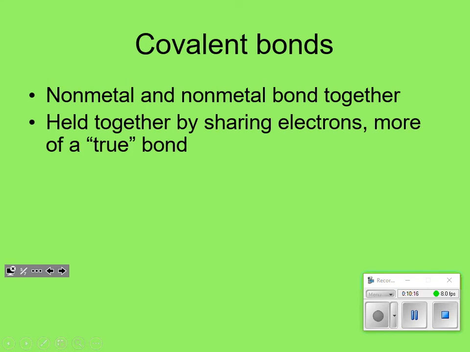And a covalent bond is more of what we would call a true bond. An ionic bond isn't so much a bond, it's just oppositely charged particles attracted to one another. A metallic bond is just positive nuclei, negative electrons. But what you're going to see is that a covalent bond is more about sharing electrons.